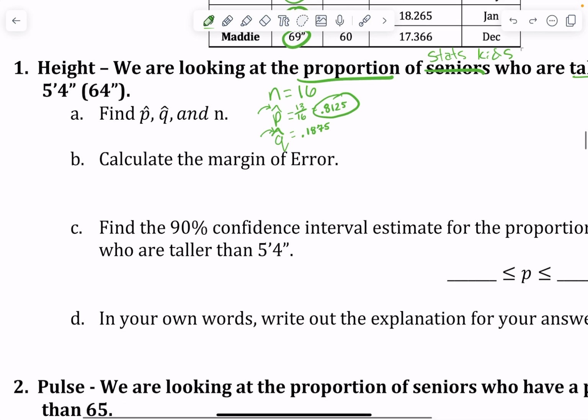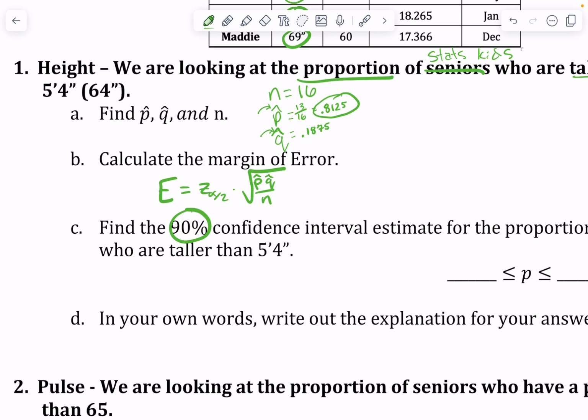The margin of error is z of alpha over 2 times the square root of p hat q hat over n. What? No. They don't tell you for the margin of error; we've got to look down below here. We want a 90% confidence interval.